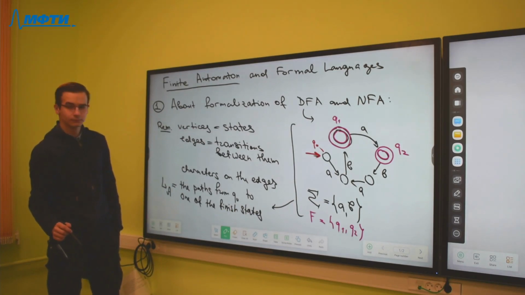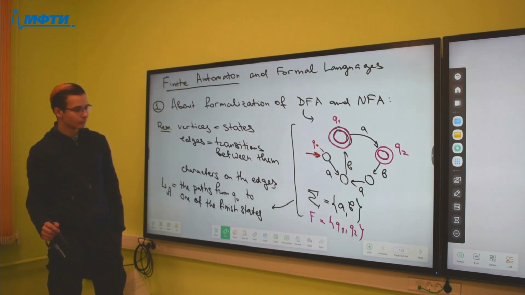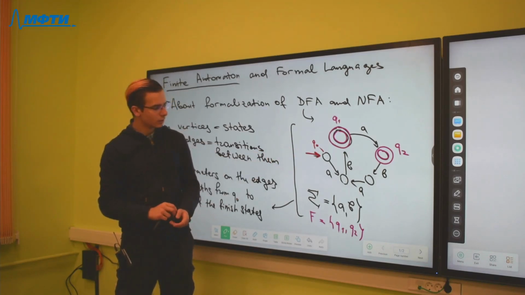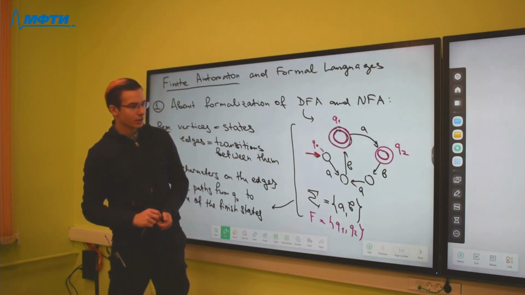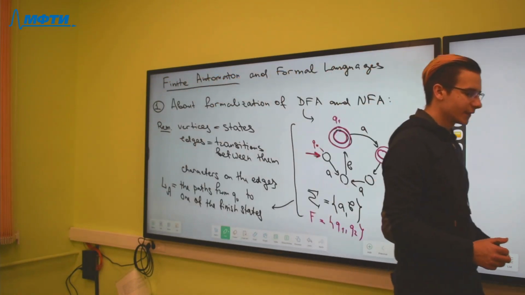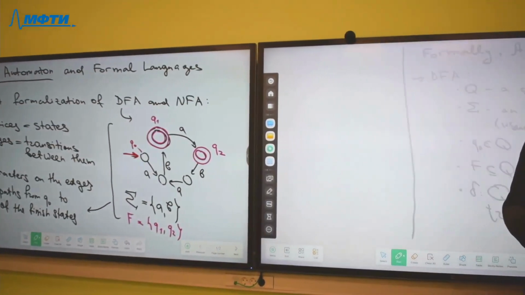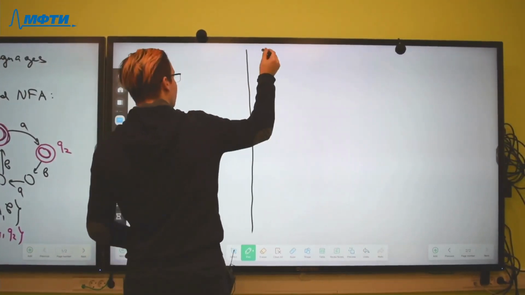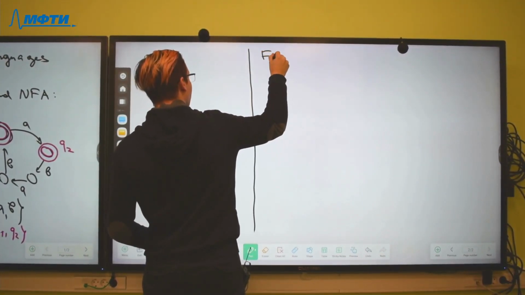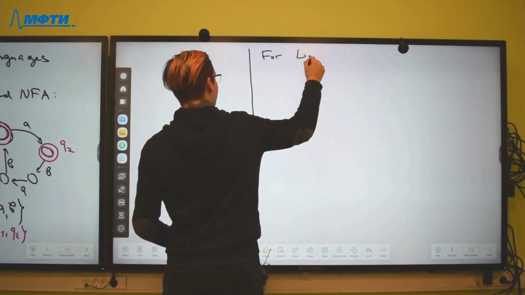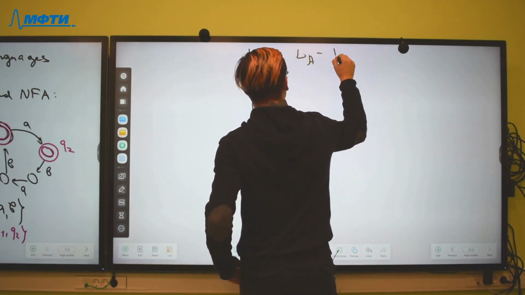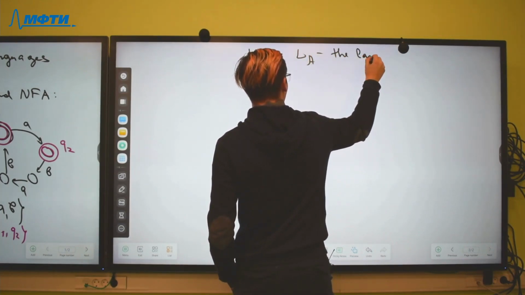How do we show that? Like, AB for example. How do we show the language of A? We can show it by a regular expression.